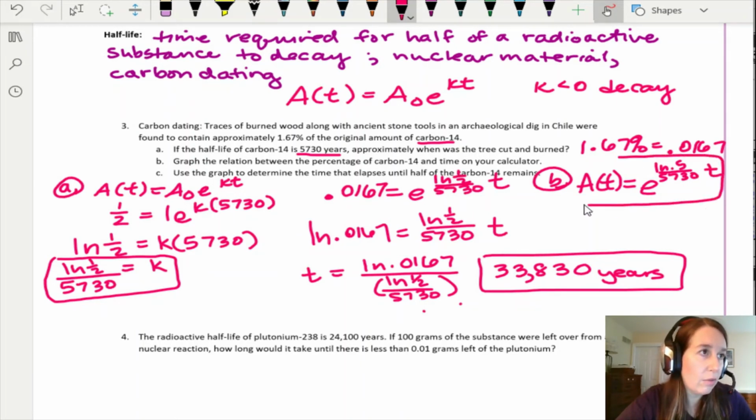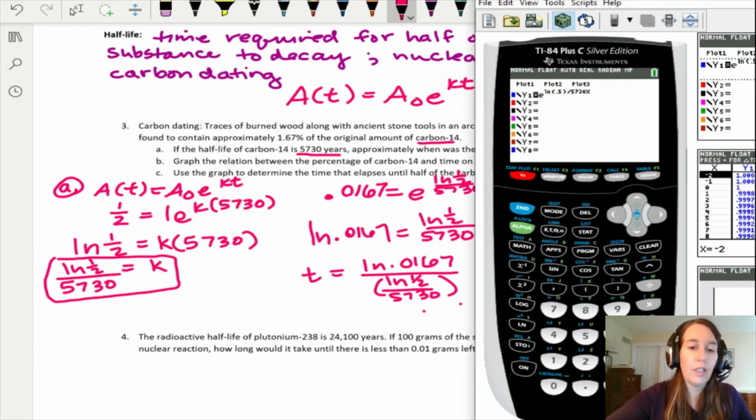That was what we came up with for the equation because really all we needed to know was that rate, right? The natural log of 0.5 over 5730. So when you graph that in your calculator, go to y equals, put in the equation e raised to, make sure everything is up in the exponent when you do it.